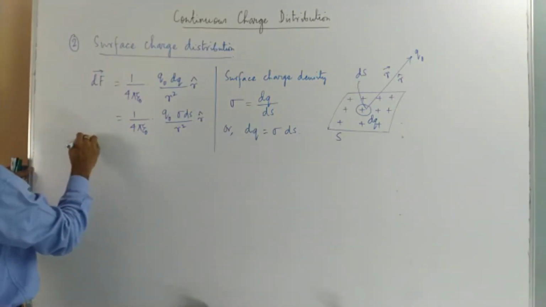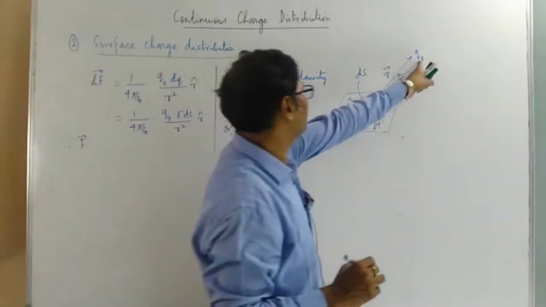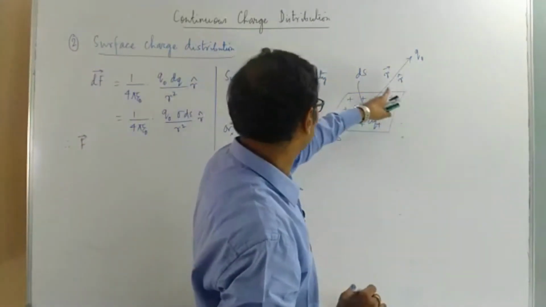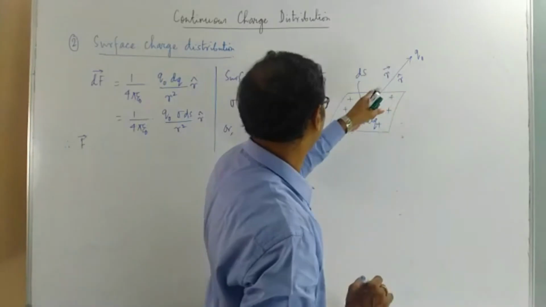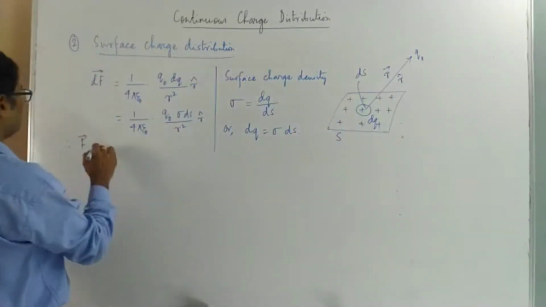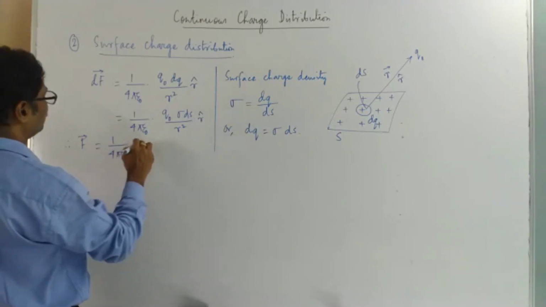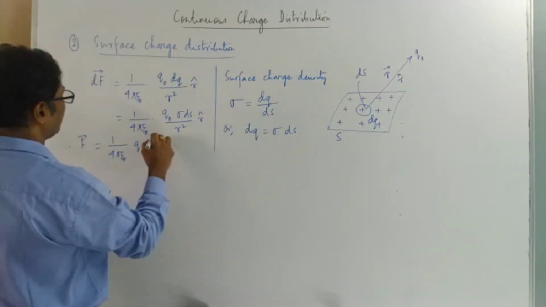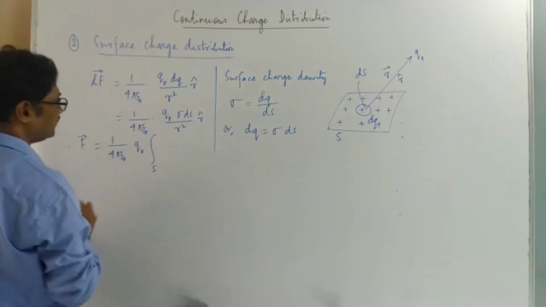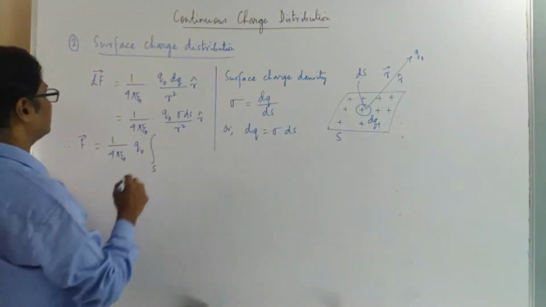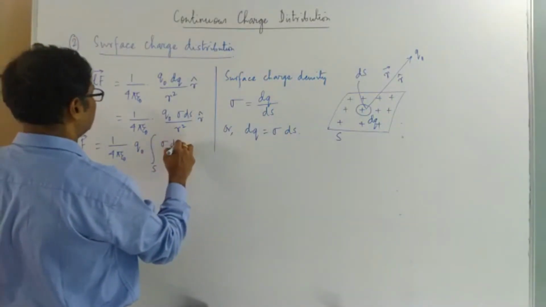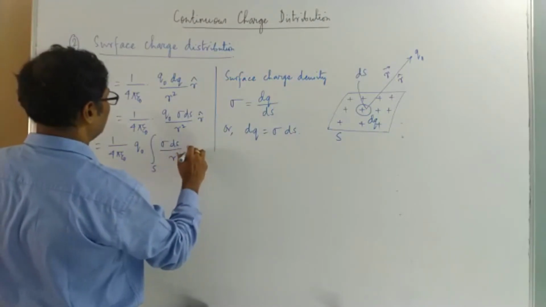Therefore, the force experienced by this Q0 charge due to the entire surface charge distribution can be written as 1 by 4 pi epsilon 0 Q0, now integrating over the entire surface, sigma ds by r square into r cap.